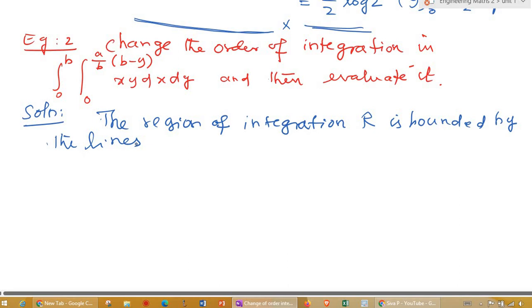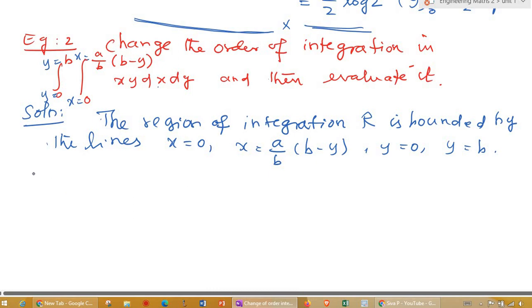All are lines: x equal to 0, because inner integration is x, na, so it is x equal to 0 and then x equal to a by b into b minus y, y equal to 0 and y equal to b. These are the limits.